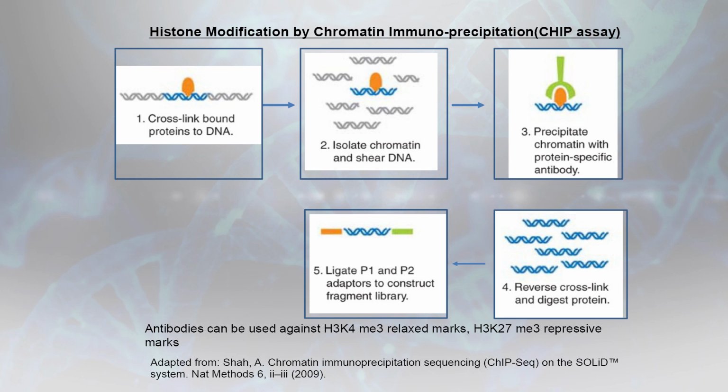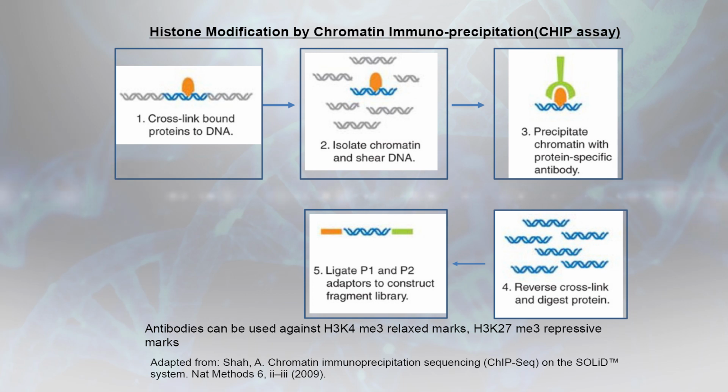This antibody is magnetically labeled so that I can pull down with magnetic precipitation. Once it is pulled down, I reverse the cross-links so that the protein is removed. Whatever DNA element has been bound by this protein can be sequenced, and you can find out which regions are bound by this protein.